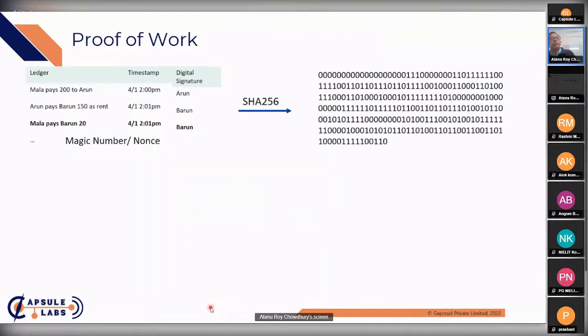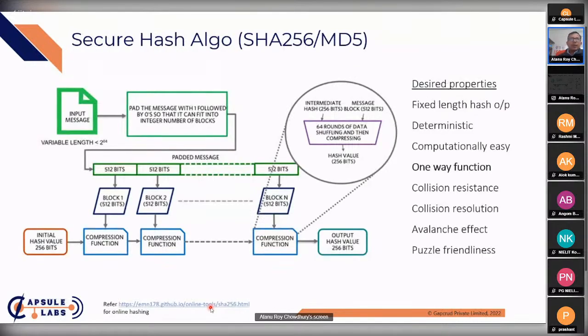Now, why did we talk about this entire SHA-256 mechanism, right? Because Bitcoin uses SHA-256 as part of its blockchain implementation, as part of what is called the proof of work, right?